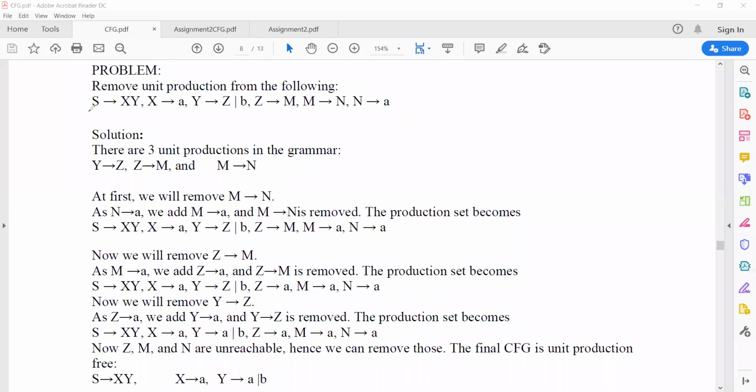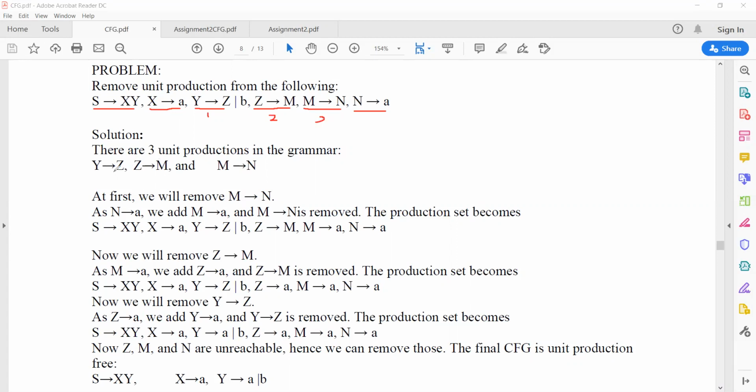The production rules for the given grammar are S produces XY, X produces A, where A is a terminal, Y produces Z, Z produces M, M produces N, and N produces A. So there are three unit productions you can find: one, two, three.